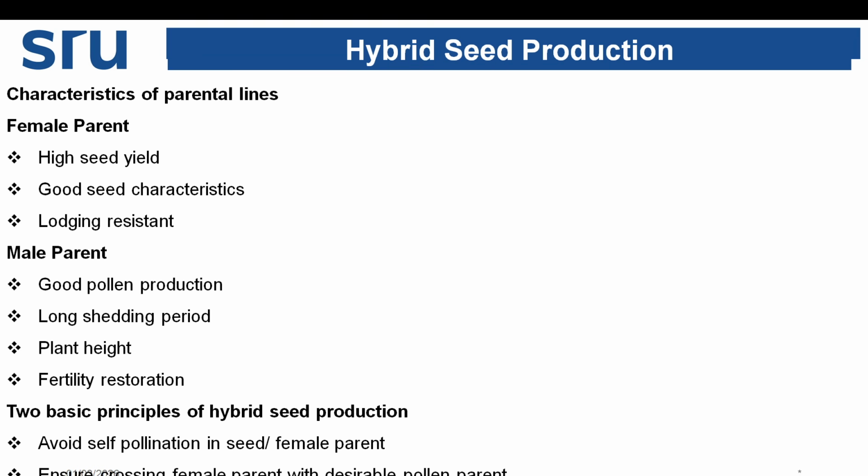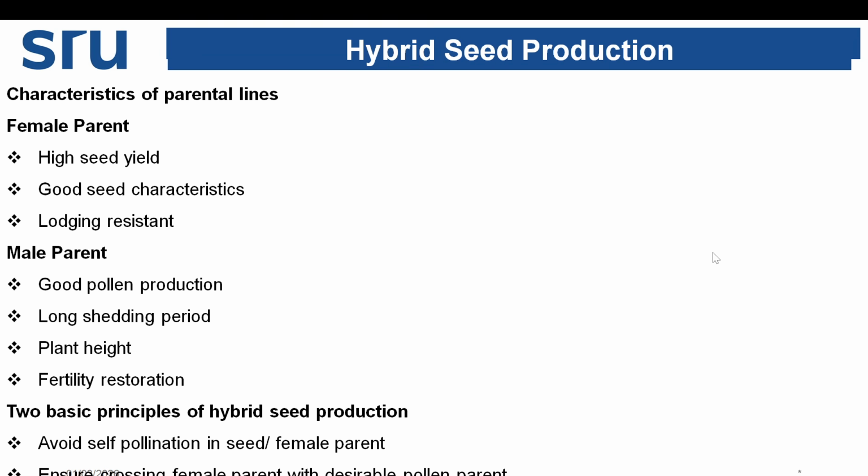So it is based on our objective. Also lodging resistance. Then what are the characteristics of the male parent? Good pollen production, long shedding period, plant height, and if we are dealing with male sterility, then fertility restoration. So these are some major criteria or characteristics of the parental lines.